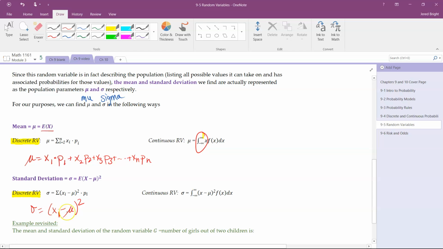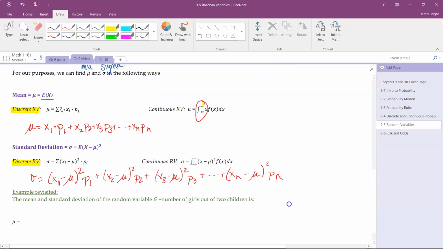So take the difference between the observation and the mean squared times its corresponding probability, plus observation minus mean squared times its probability, plus observation minus mean squared times its probability, plus, and then all the way through. This calculation is a little bit more involved, and you won't need to do a lot of it, but I want you to be aware of it.